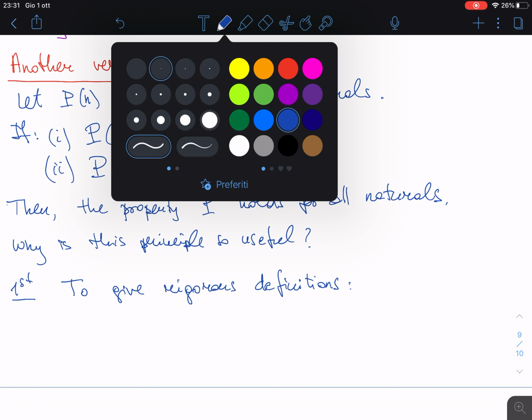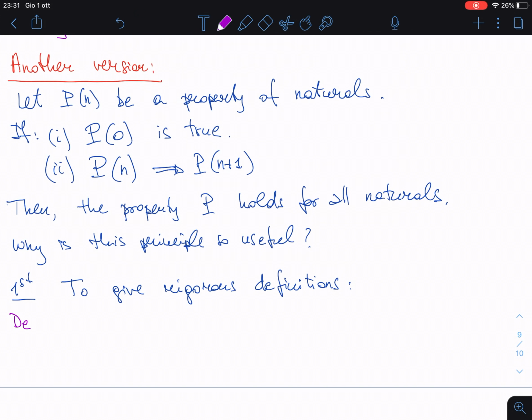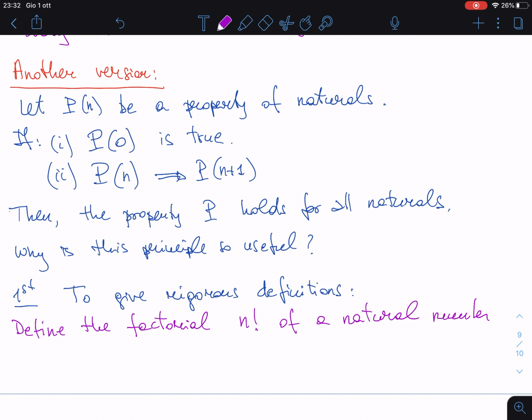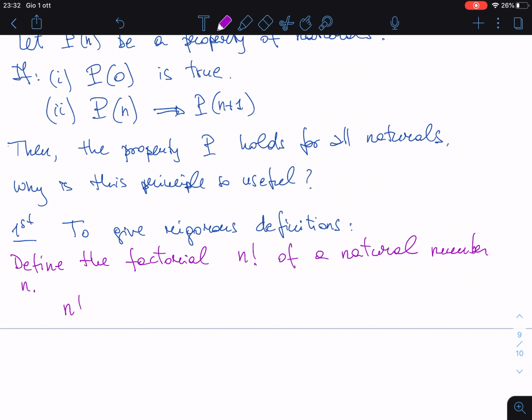For example, trying to define the factorial n! of a natural number, I know you could be tempted to write n factorial is the product of n, n minus 1, n minus 2, many dots, up to 2 and 1.